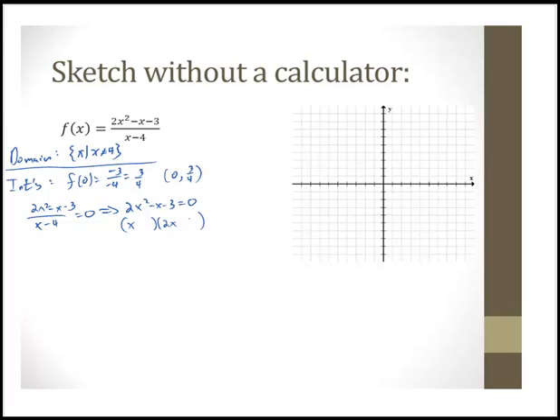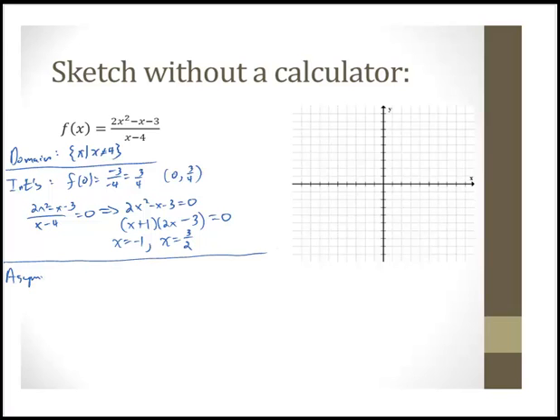I'd have to have a 3 here and a 1 here. Plus, minus. I think that works. X plus 1 times 2x minus 3 is 0. So x plus 1 equals 0, x equals -1. 2x minus 3 equals 0, x equals 3/2. So I have two x-intercepts at -1 and at positive 3/2.